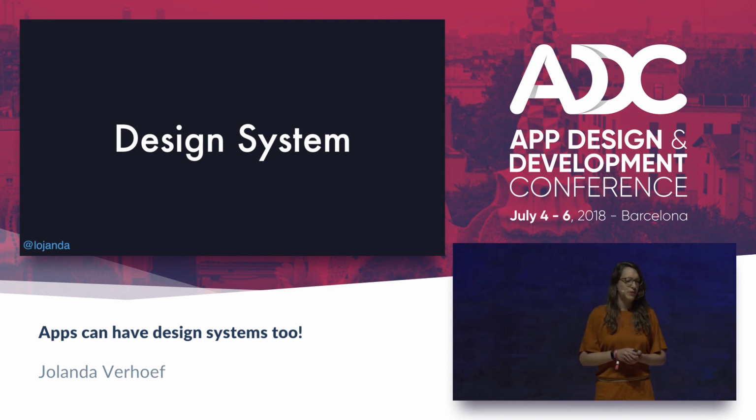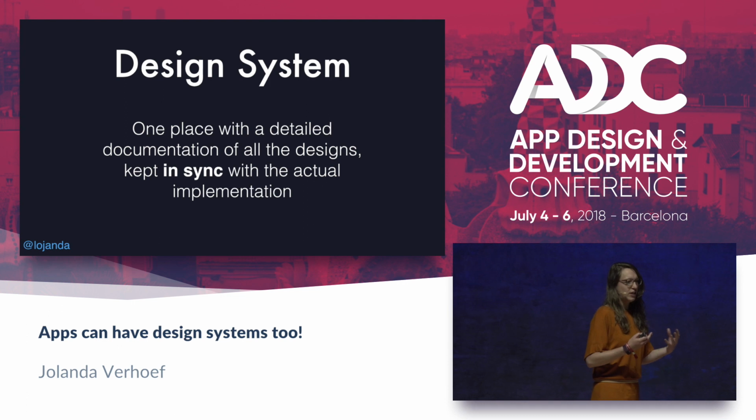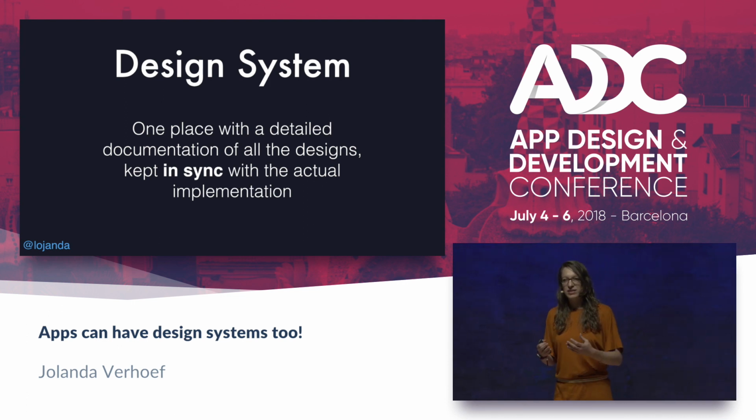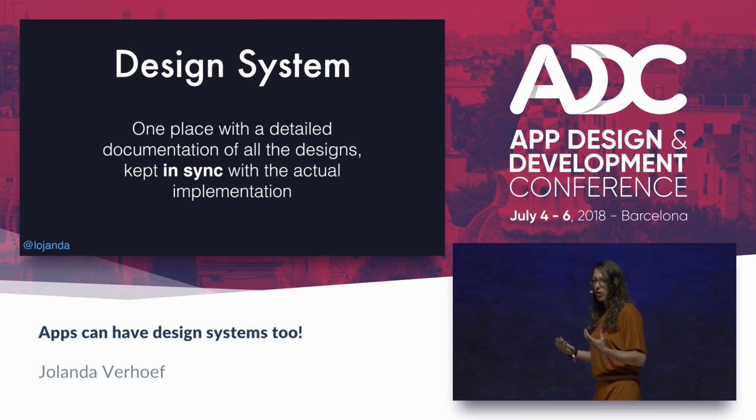And the way they described it to me was that a design system is one place, normally a website, that has detailed documentation of all the designs that are used for the application. And they are kept in sync, so they're synchronized with the actual implementation of those designs.